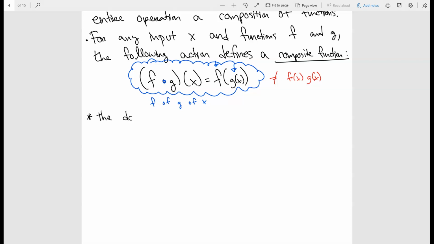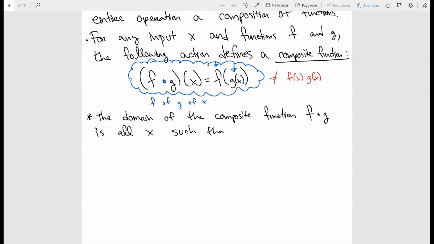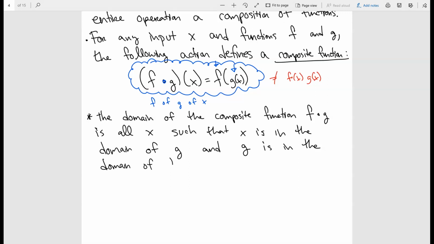The domain of the composite function f of g is all x such that x is in the domain of g and g of x is in the domain of f.